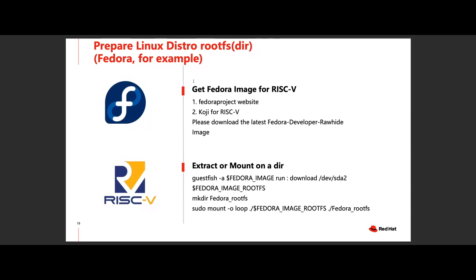You can get a Fedora image from the Fedora project and also from the koji directly. I already shared information in a previous presentation, but if you have any trouble, you can contact me, and I will show you the slide I have used before.